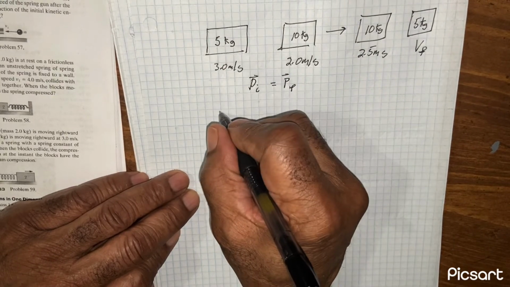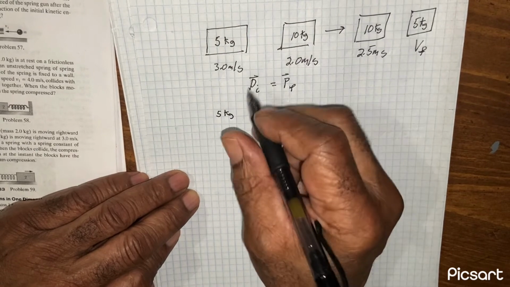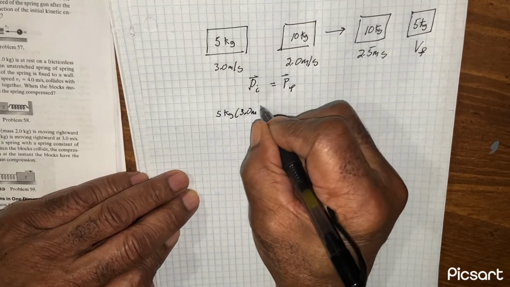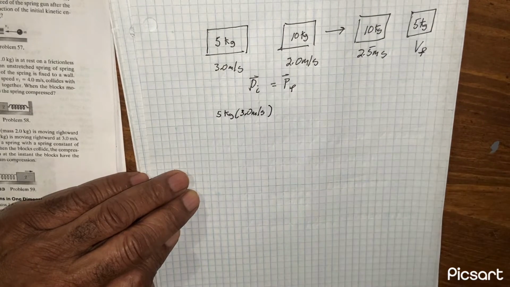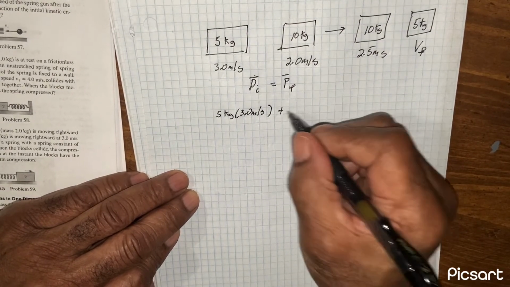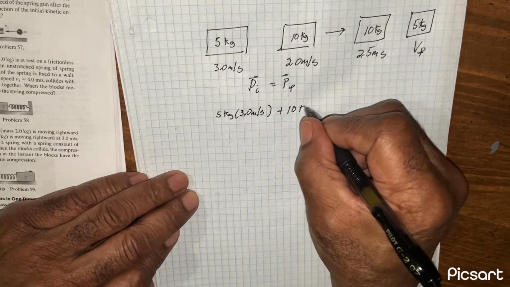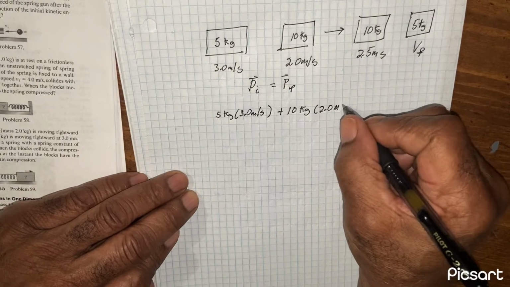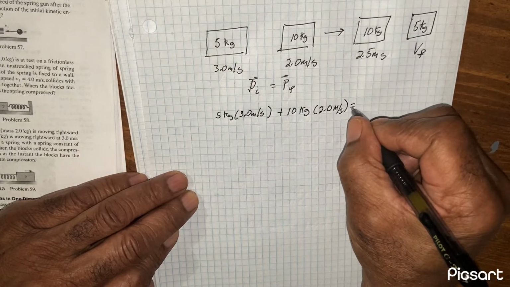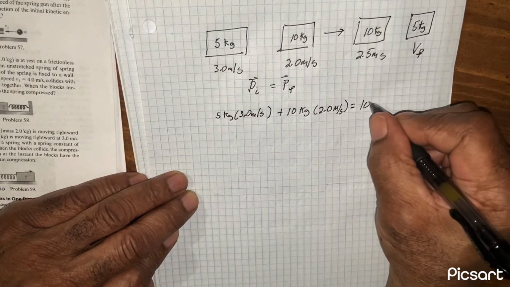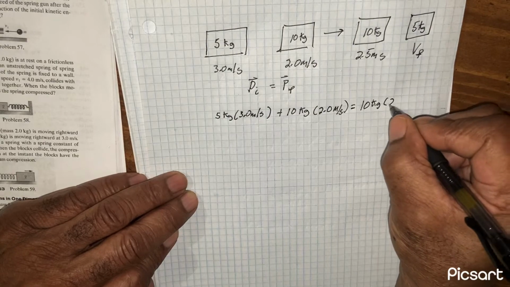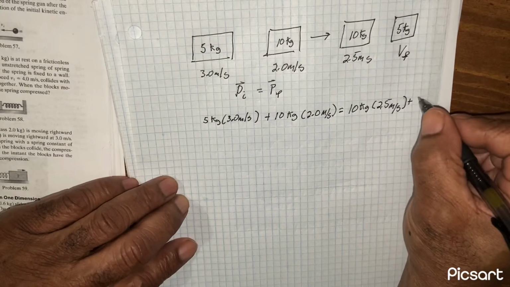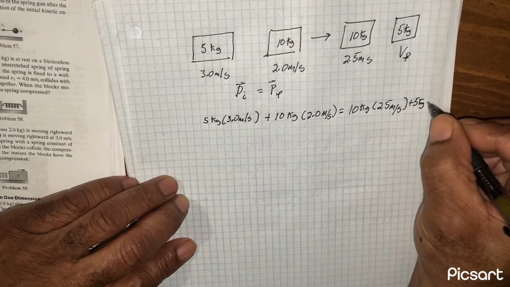So we have 5 kg times 3.0 meters per second plus 10 kg times 2.0 meters per second is equal to 10 kg times 2.5 meters per second plus 5 kg times VF.